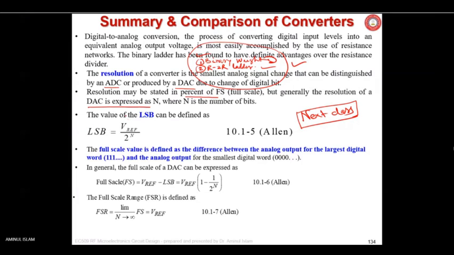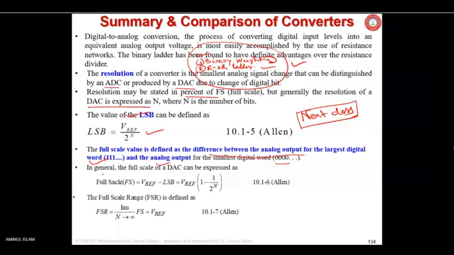The value of LSB can be defined as 1 upon 2 to the power n. The full scale value is defined as the difference between the analog output for the largest digital word, that is all 1s, and the analog output for the smallest digital word, that is all 0s.